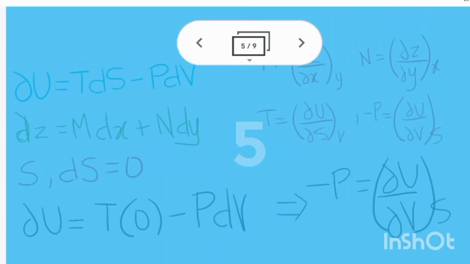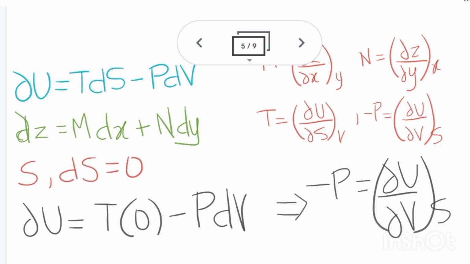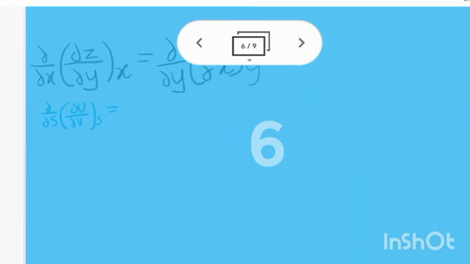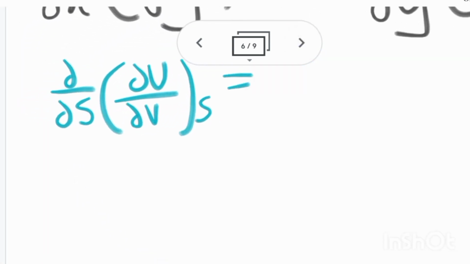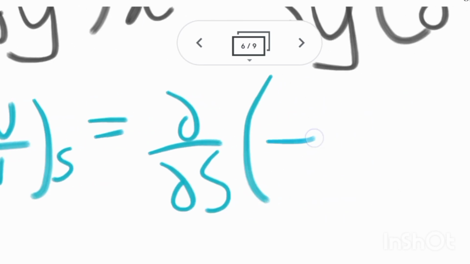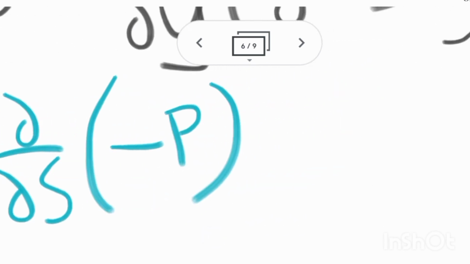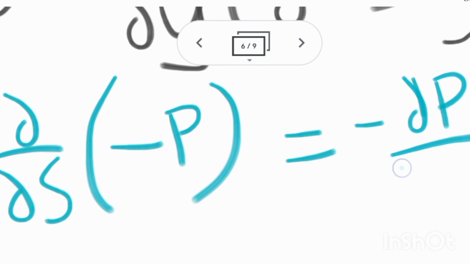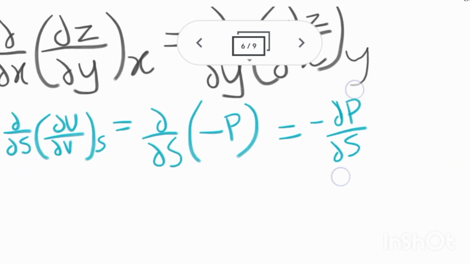And ∂u/∂v at constant s is minus P. So differentiating, ∂/∂s of minus P will be equal to minus ∂P/∂s, right?